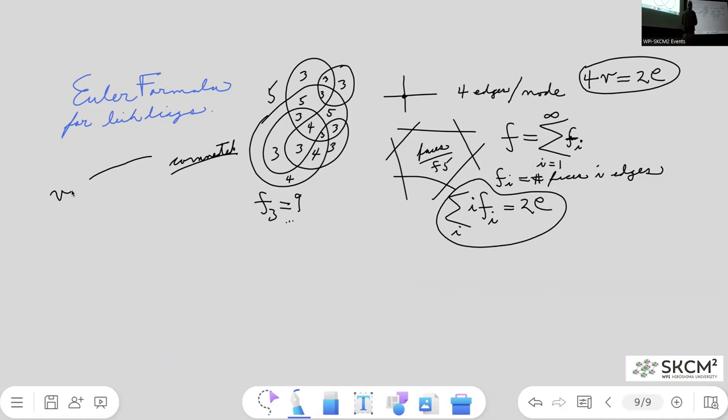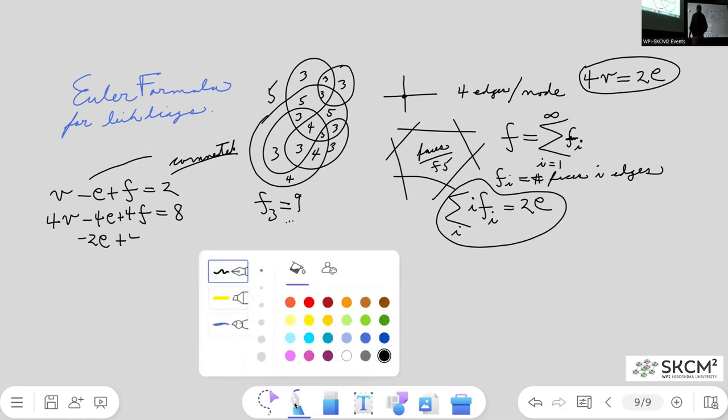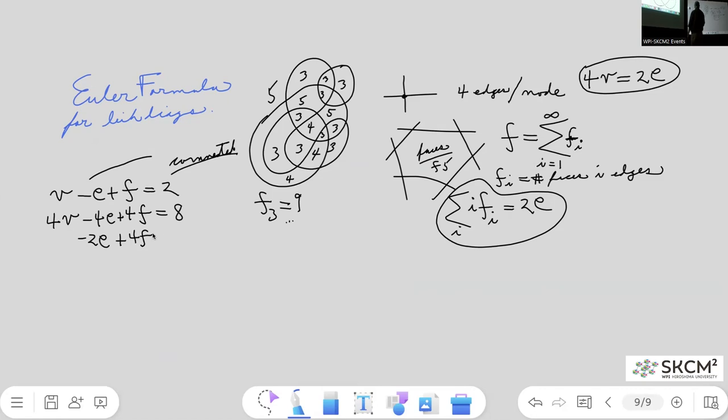So now let's see what we can do with that. Take the Euler formula. Vertices minus edges plus faces is equal to 2. Let me multiply by 4, and I get 4v minus 4e plus 4f is equal to 8. Now 4v is 2e. So this says minus 2e plus 4f is equal to 8.